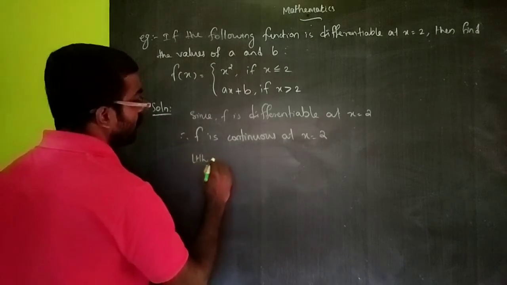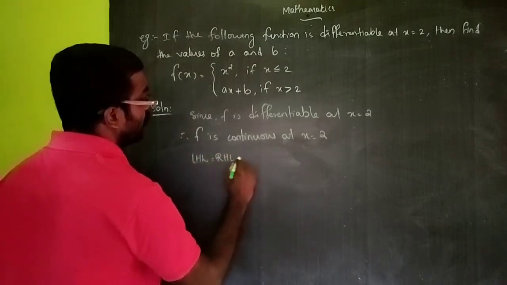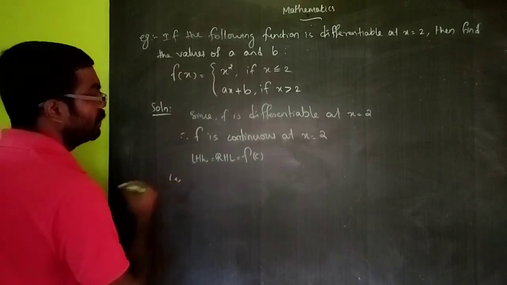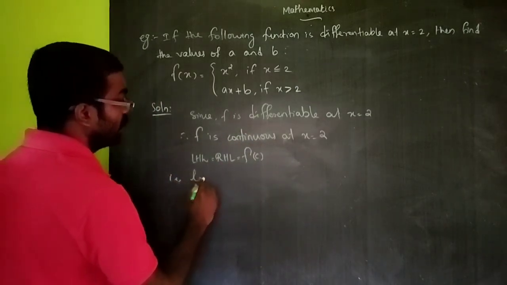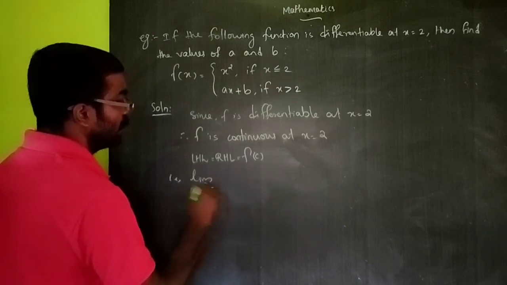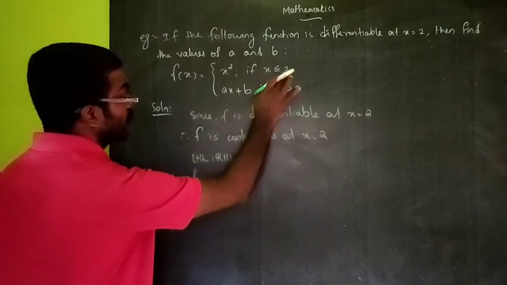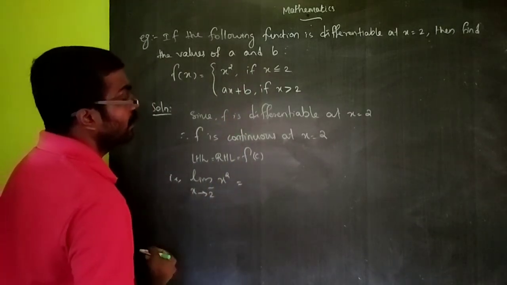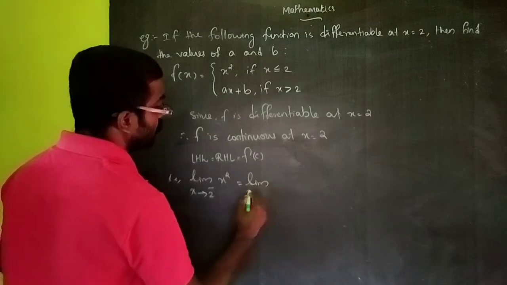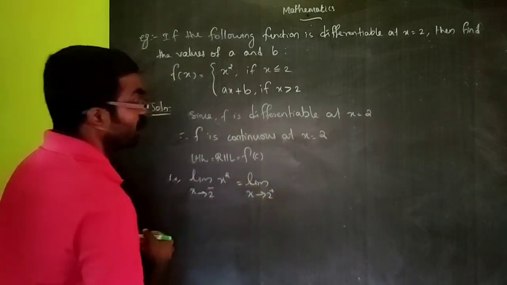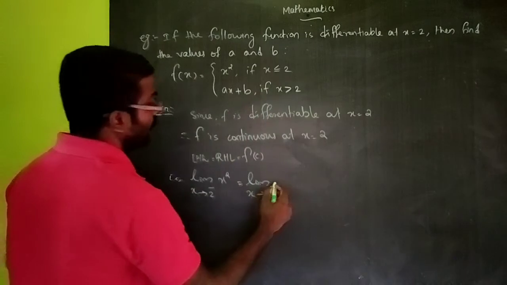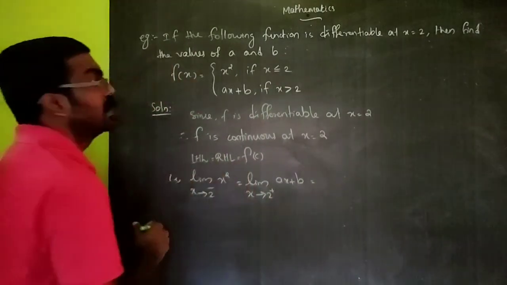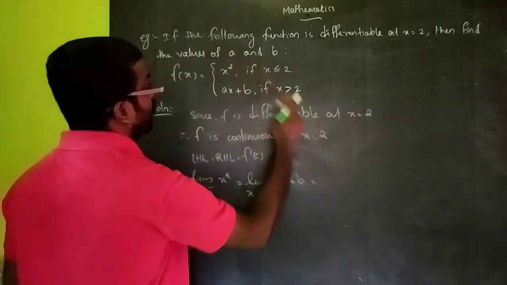LHL left hand limit is equal to right hand limit is equal to f of c, value of the function at x equal to c. Here LHL limit x tends to 2 minus f of x, 2 minus less than 2, here it is x square, which is equal to RHL right hand limit x tends to 2 plus f of x, 2 plus more than 2, ax plus b, and which is equal to f of c. F of c means here it is f of 2.